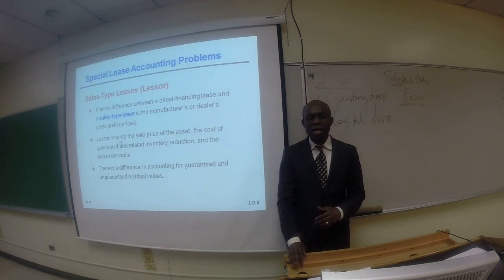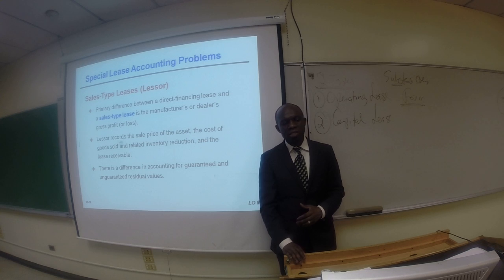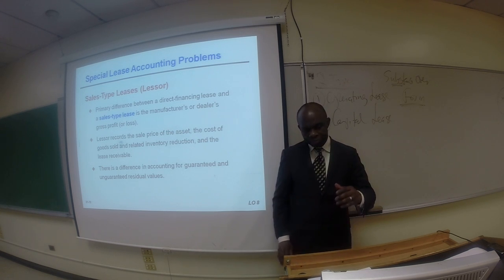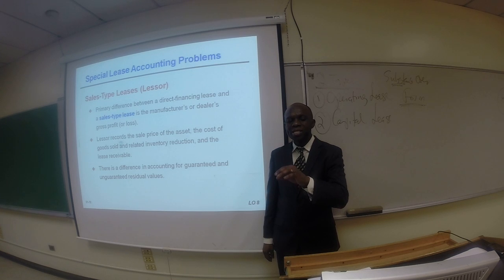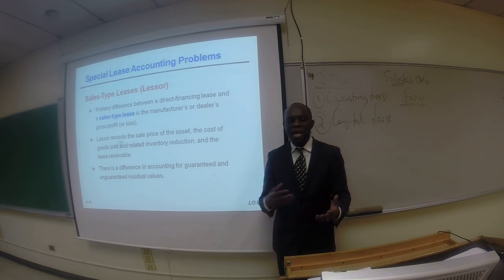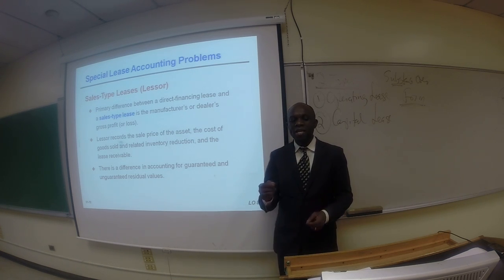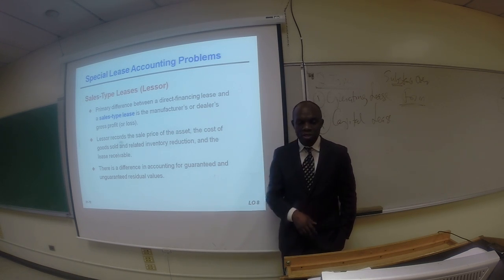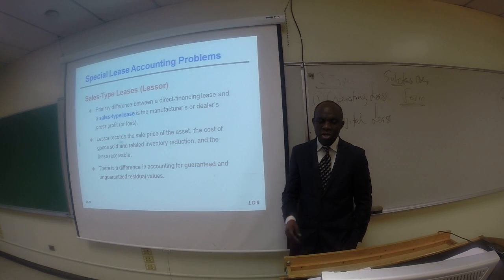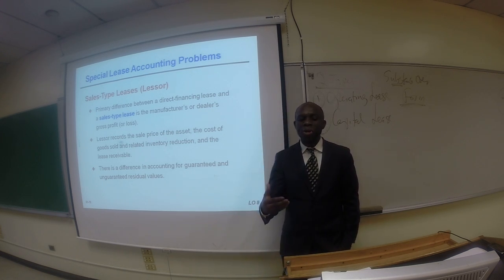another special issue relative to lease, sales type lease. We said that the difference between sales type lease, as we indicated, and direct financing is the fact that the manufacturer or the dealer or the lessor is actually making a profit out of this lease. So the lessor records the sales price of the asset, the cost of goods sold, and the related inventory reduction.